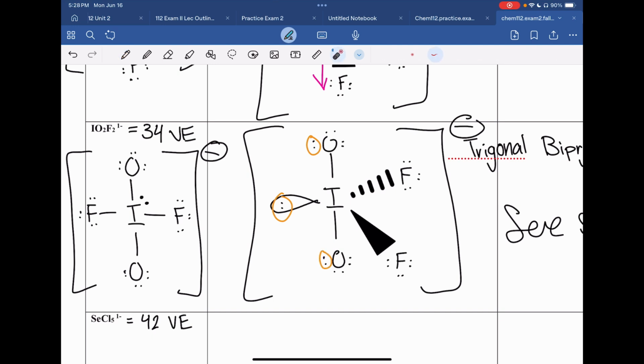So if this is negatively charged and these are negatively charged, they're just going to want to repel. So this is your lone pair repulsion. This causes this atom to be slightly bent.